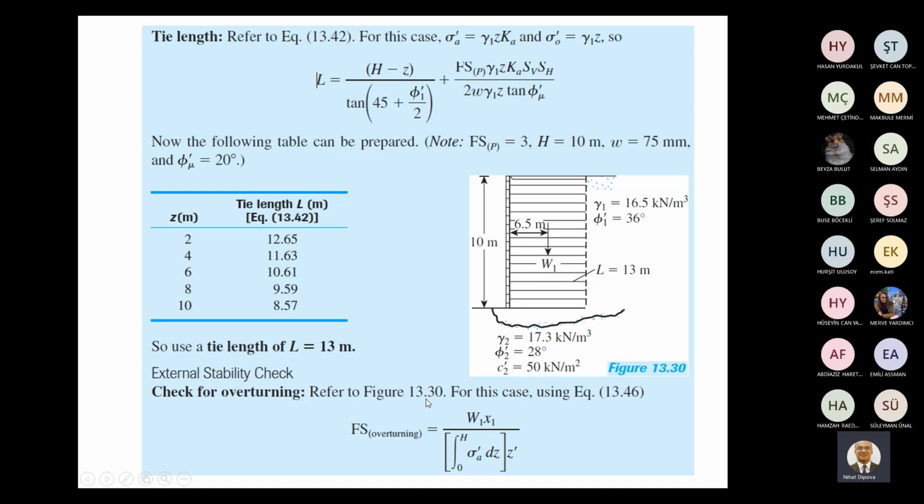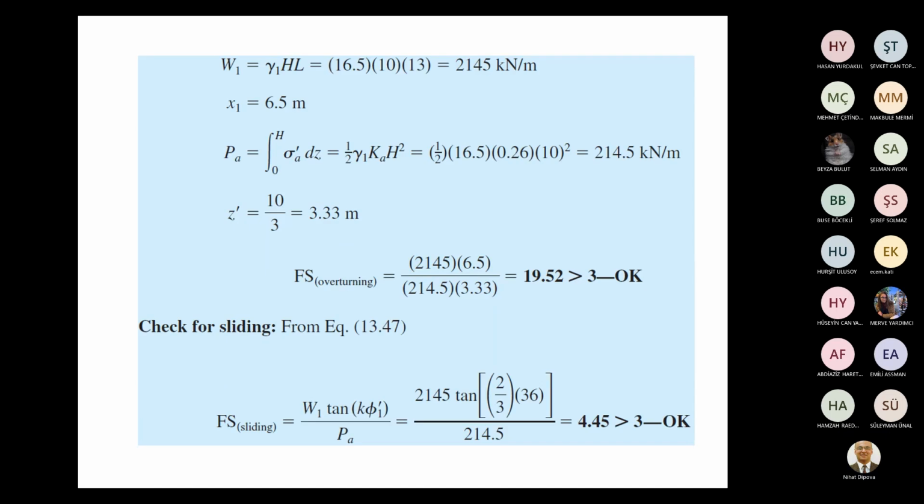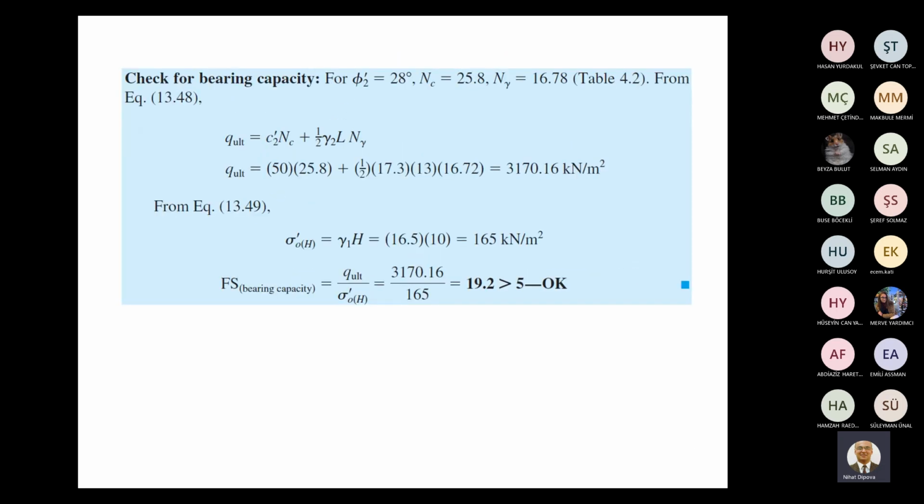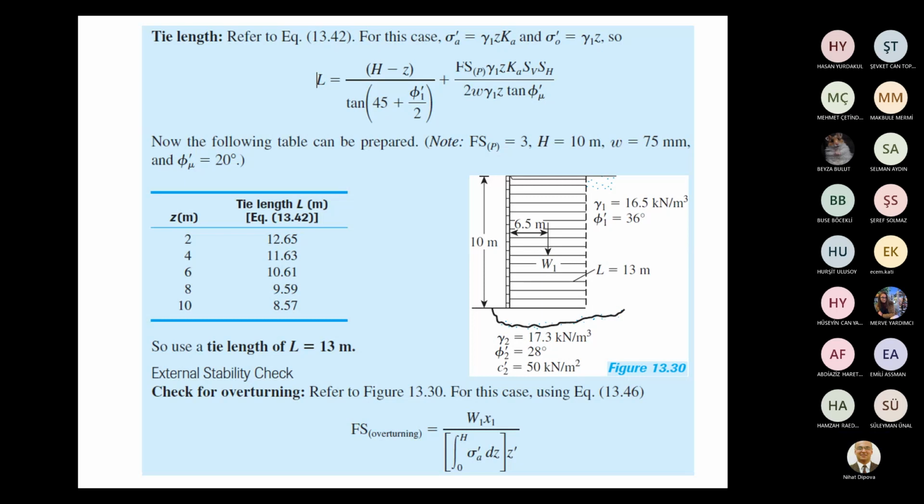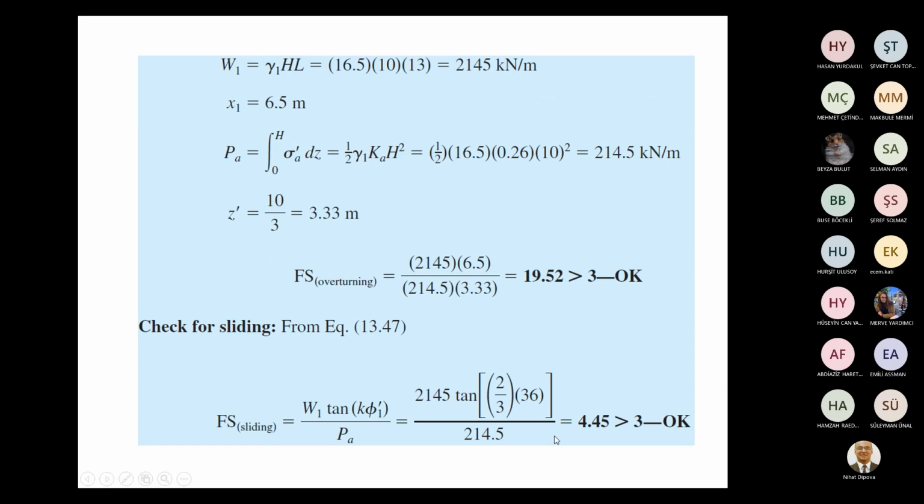For external stability, the same procedure for overturning, sliding, and bearing capacity will be calculated. Let us start with overturning stability. For overturning stability, the safety factor is equal to resisting moment divided by overturning moment.